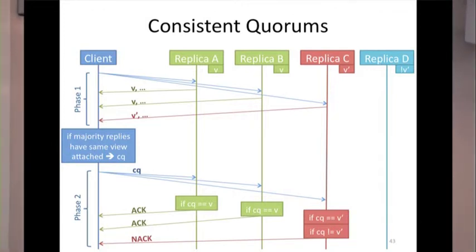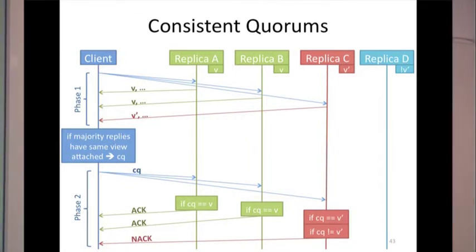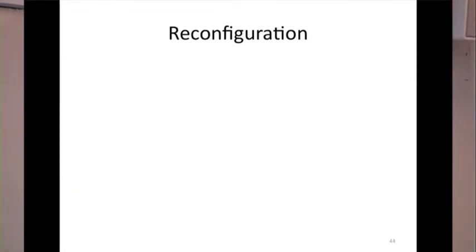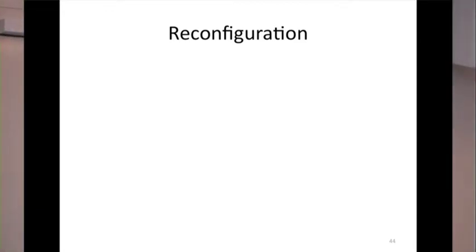So now a client can get a consistent quorum of V. Another client can come and get a consistent quorum from V prime. So these quorums are also not overlapping, and then everything goes boom. So whatever view this replica has, it should not be V prime. How do we make sure? Well, views change. You should always do reconfiguration when views change to avoid such scenarios.